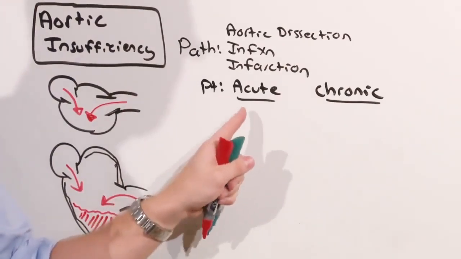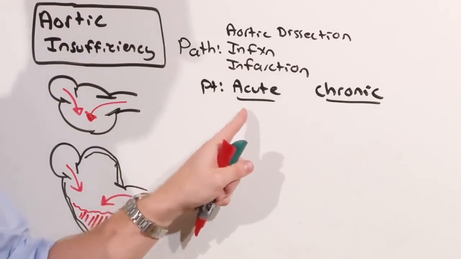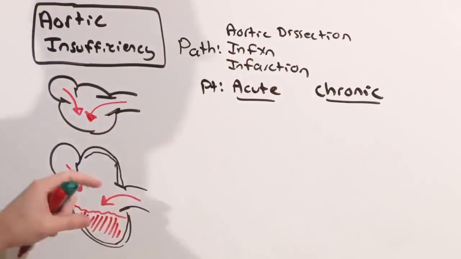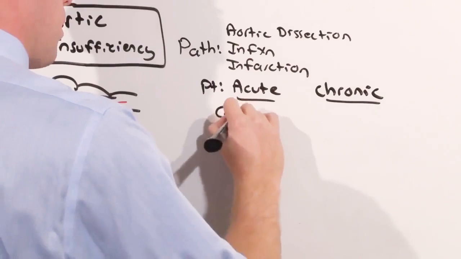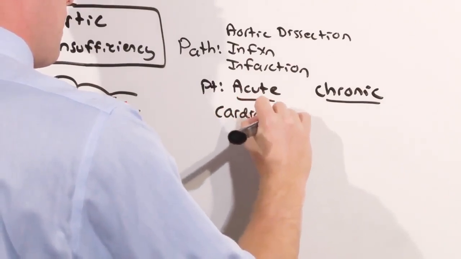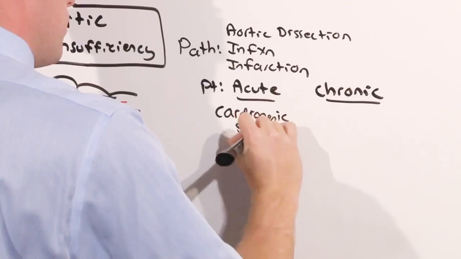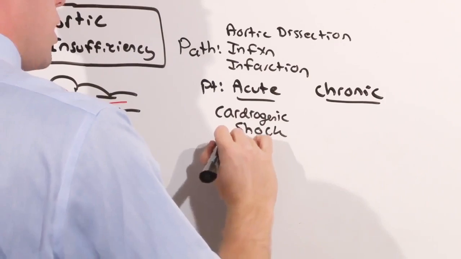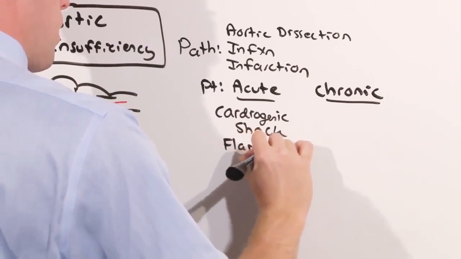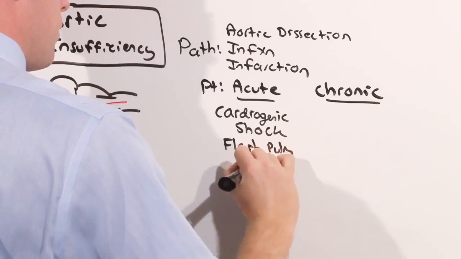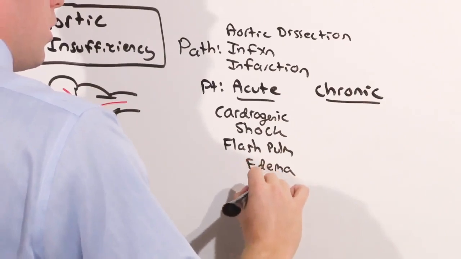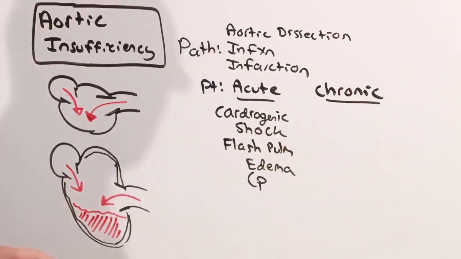So if you have an acute loss of the aortic valve, either from infarction, infection, or dissection, you're going to have cardiogenic shock. You're going to have poor forward flow, and you're going to have flash pulmonary edema. If you have aortic dissection, you'll also have a tearing chest pain.